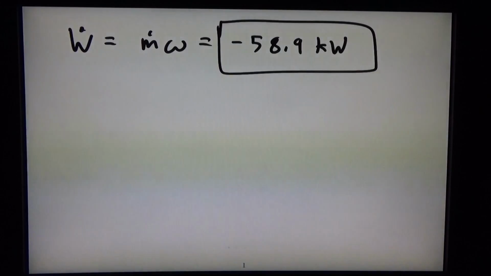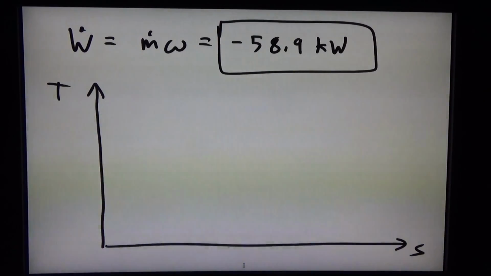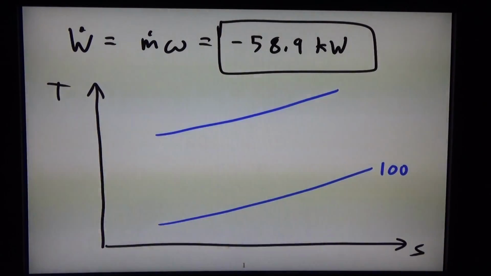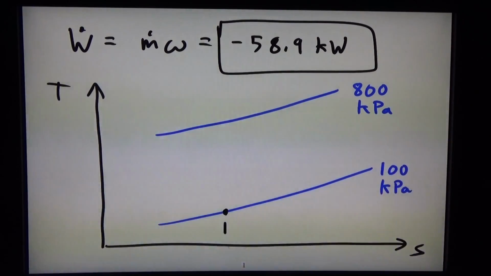And to finish it up, we could just sketch this out on the TS diagram. So we can put in our constant pressure lines here. One at 100, and then state 2 at 800. So we'll sketch the actual process first. Here's state 1. It had a temperature of 285 Kelvin. And state 2, the actual state 2 is at 800 kilopascal.